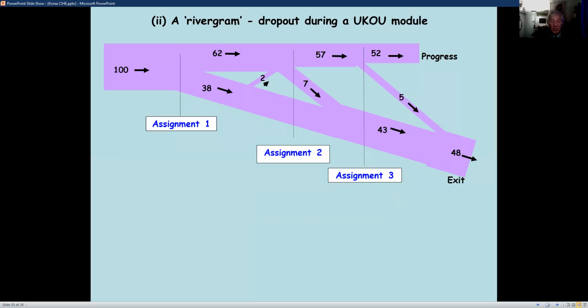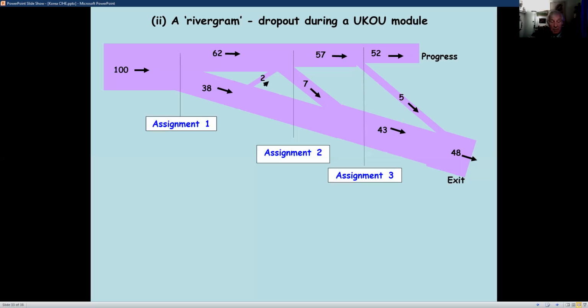The width of the river is proportional to the number of students who are active at any point in the module. So 100 students start at the beginning of the course on the left, and at each assignment, some students continue on in the progress channel, but some drop out down the exit channel.